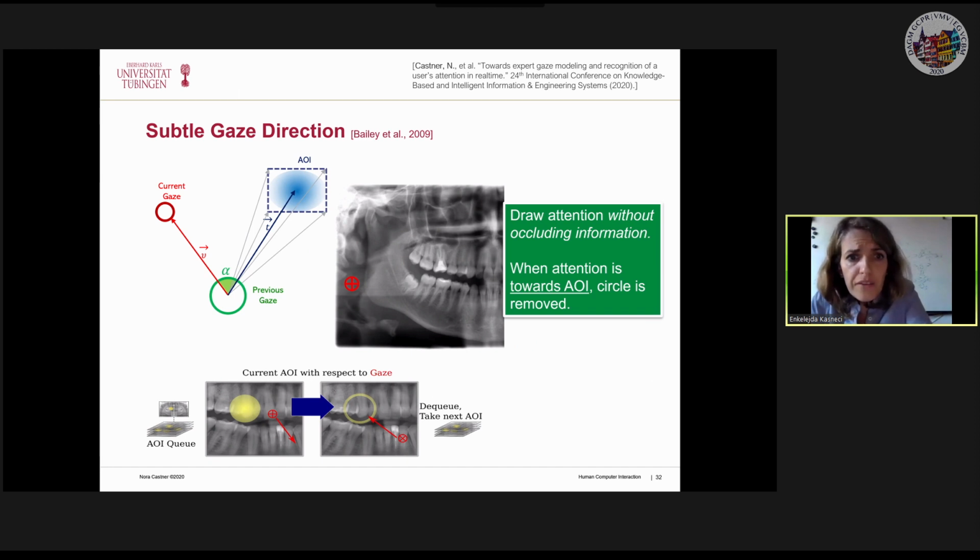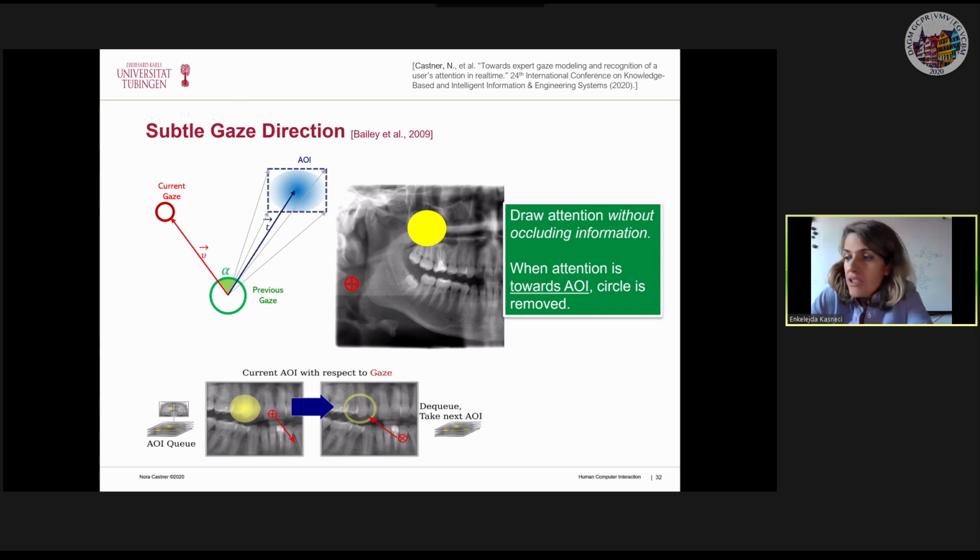The step of the work that we're currently experimenting with is so-called subtle gaze guidance. What we do there, in general, is we don't want to include any information on the image, so we would let an AOI pop up when this AOI would be in the peripheral field of the user, right?